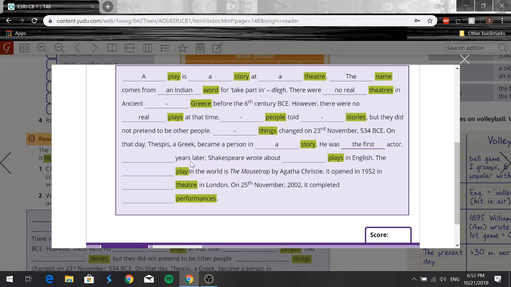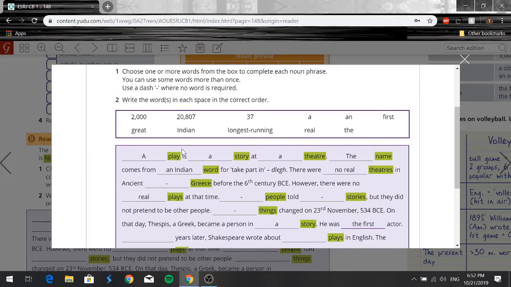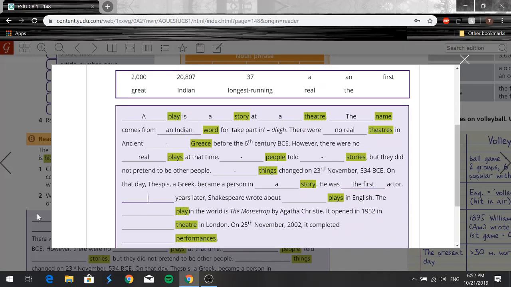Dash years later, I think that's about 2000, yeah, so we'll say 2000. Let me actually get that 2 in capital. So 2000 years later, Shakespeare wrote about dash plays in English. I think it was 37, and we'll say the word great.